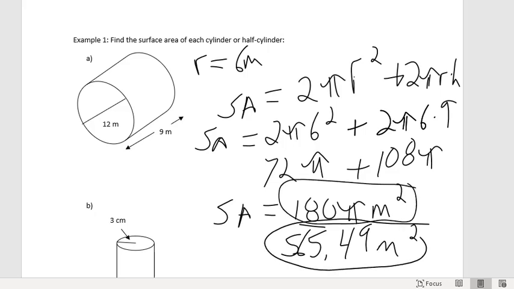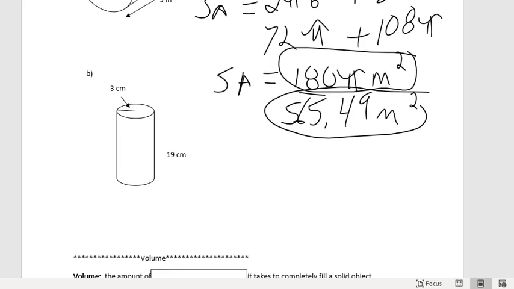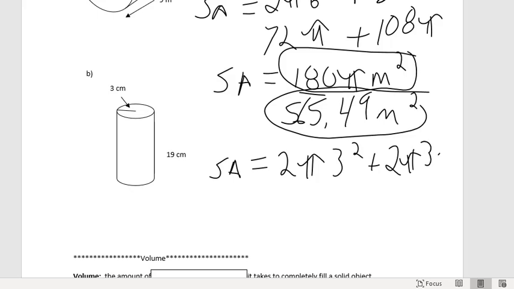I prefer 180 pi because it makes it look a little neater. All right. Example 2, radius is 3 centimeters, height is 19. Plug it into our formula. 2 pi, r is 3, so 3 squared, plus 2 pi times 3 times 19.